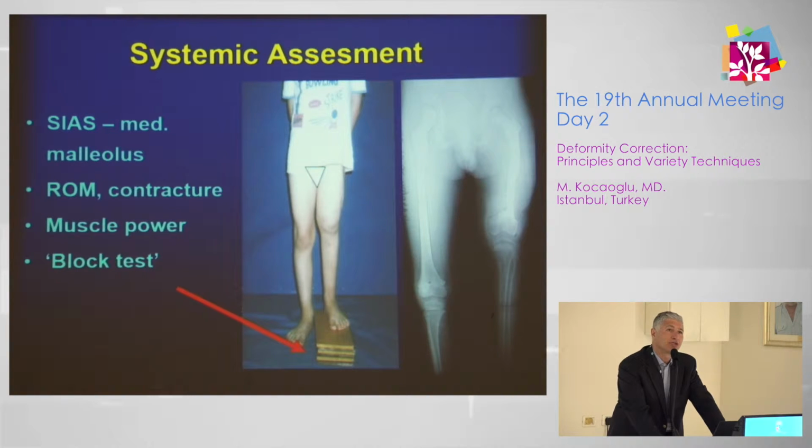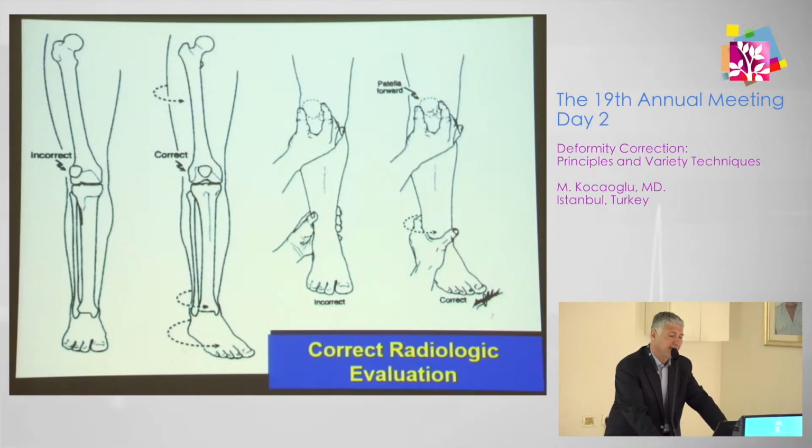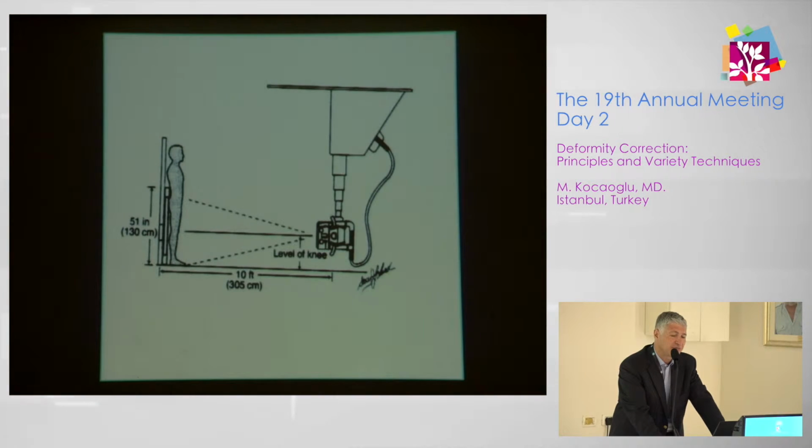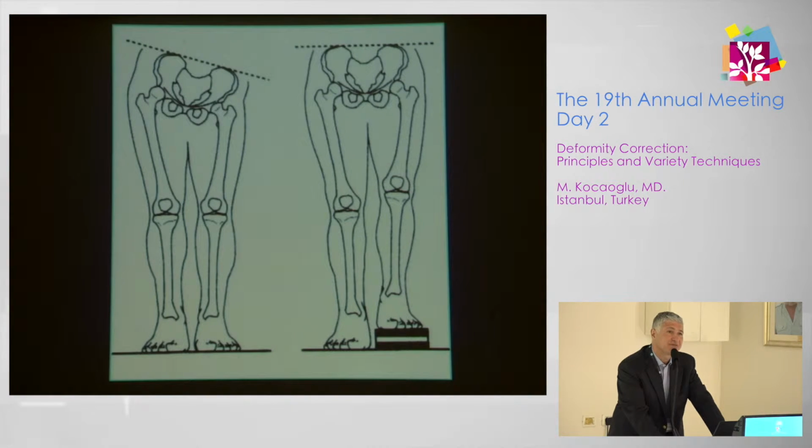If there are any neurological problems, you have to note everything in the planning. And the correct radiologic evaluation is also essential for the treatment and for the preoperative planning. Long standing X-rays are always necessary, not only in the coronal plane, in both planes is very important, especially if you want to correct acutely in the operation.